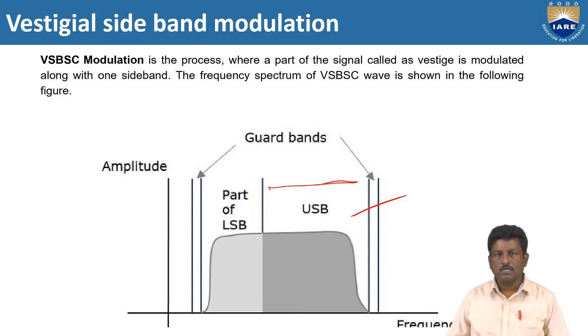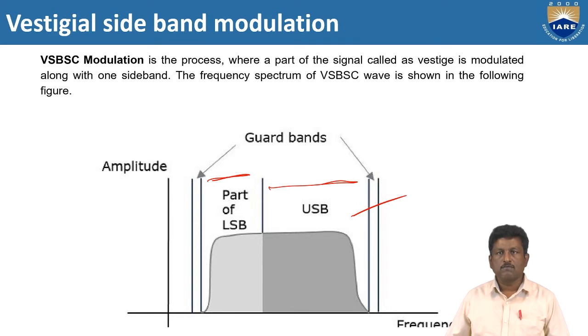Along with the one complete sideband, we are going to transmit another part of the other sideband. This is a part of the LSB, not a complete one. It is some portion of the other sideband called LSB. So this is the vestigial sideband modulation: we transmit one complete sideband along with a part of the other sideband.